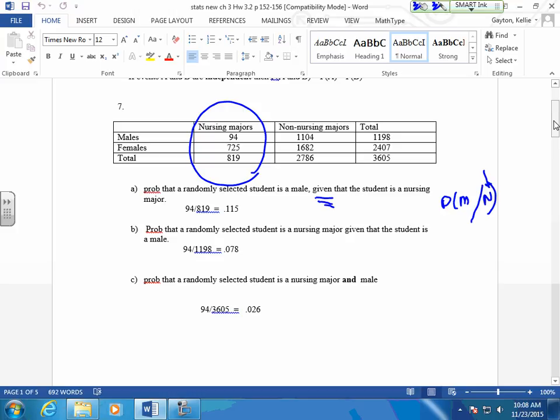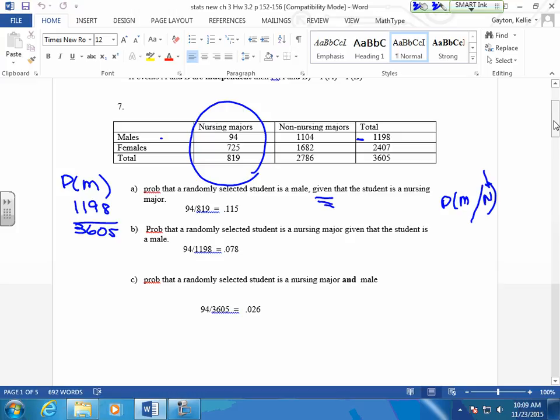Otherwise I say, what is the probability that I have a male? Look at this chart. What is the probability that I surveyed a male out of the whole thing, regardless of what kind of majors they were? It would be 1198 out of 3605 if I had just a male.